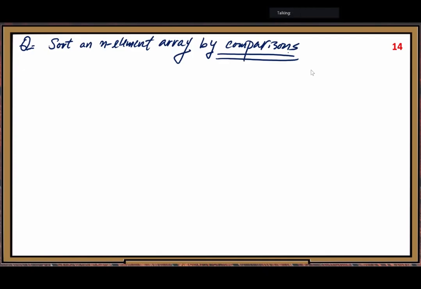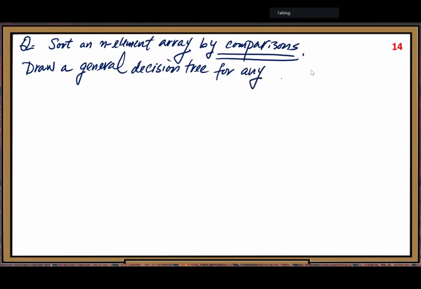All right. Then we can draw decision trees. Here we need to draw a general decision tree for any sort, an arbitrary sort.